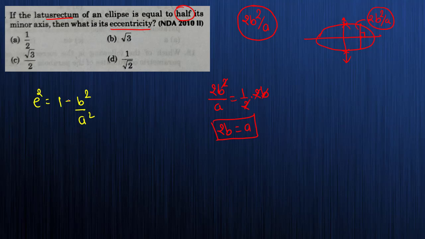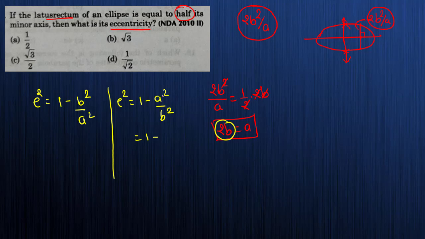Now you will be surprised that why I have used only this formula, that is b square by a square. Why I am not using a square by b square? Let's for instance I am using the other formula, e square is equals to 1 minus a square by b square. Then what happens? See here, it is 1 minus. What is the value of a? Here we have a is 2b.